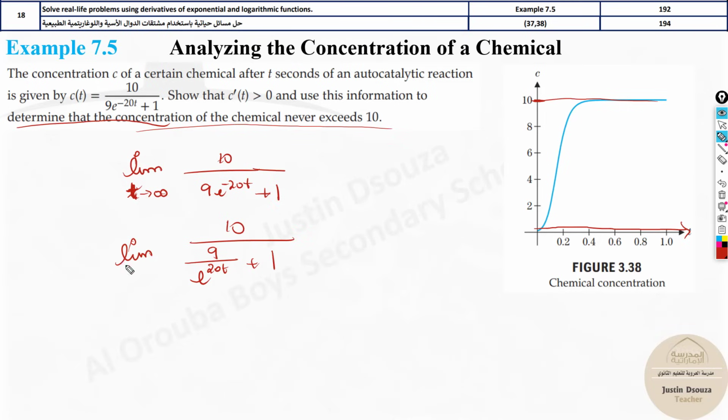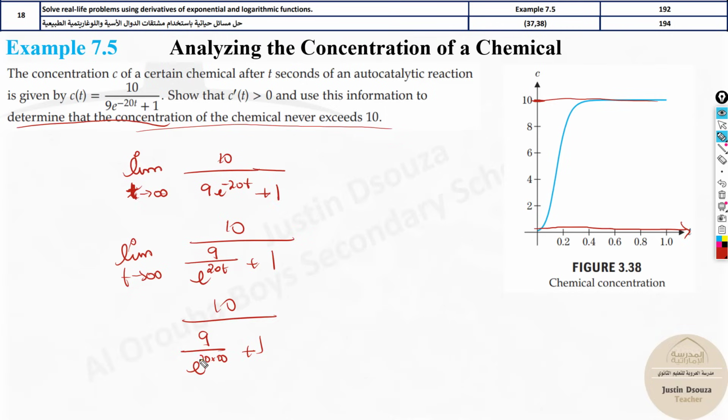Now let's substitute the limit. Sorry, not x, it's t tends to infinity. Now I'll apply the limit. It becomes 10 divided by 9 divided by e to the power 20 times infinity, plus 1.